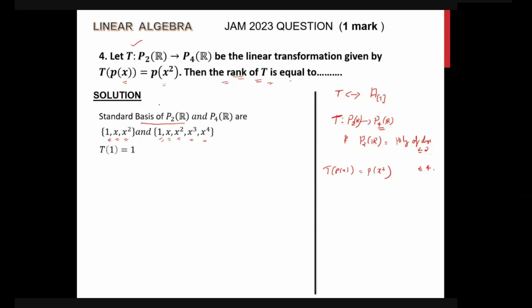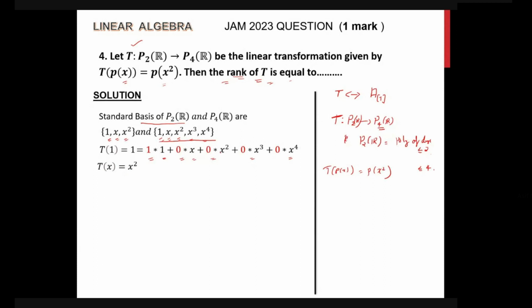And this can be written as a linear combination: 1 into 1 plus 0 into x plus 0 into x square plus 0 into x cube plus 0 into x raised to 4.